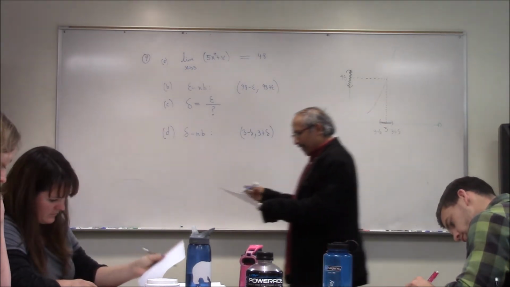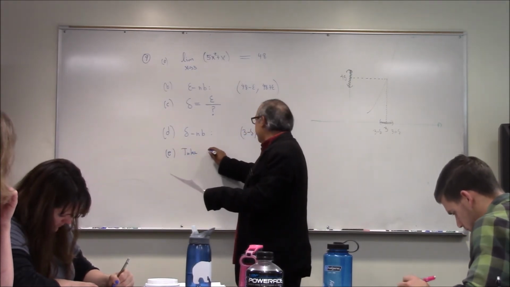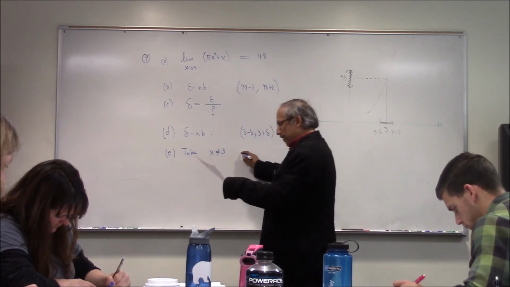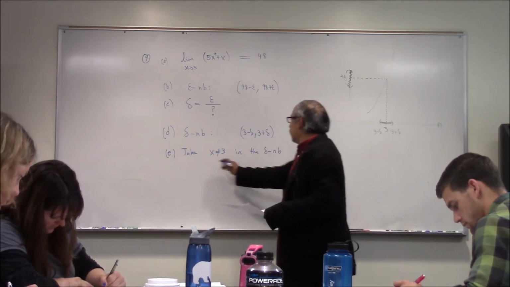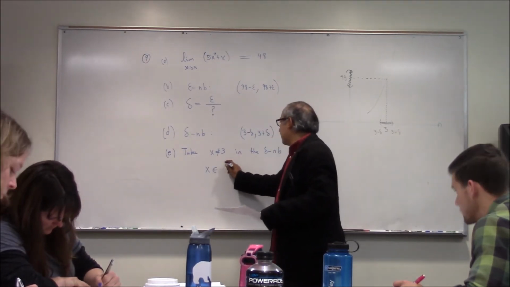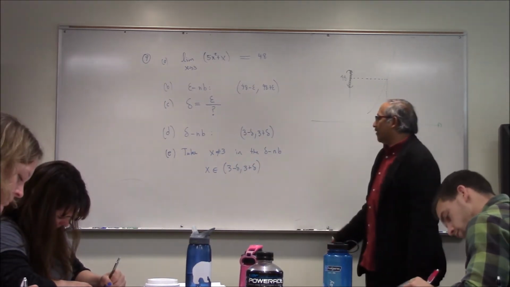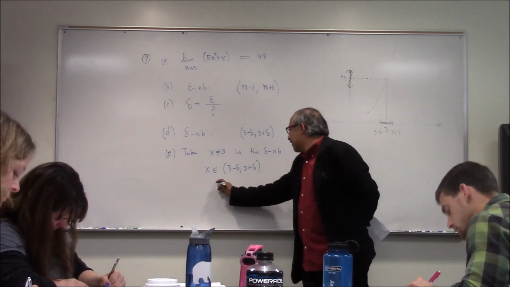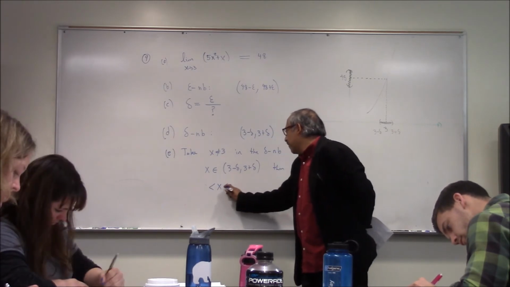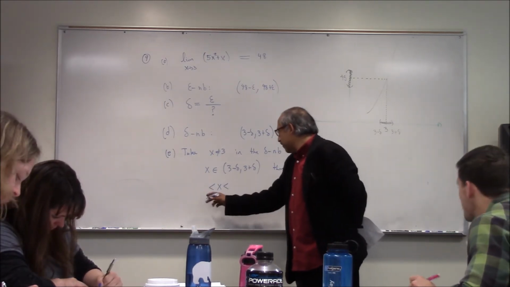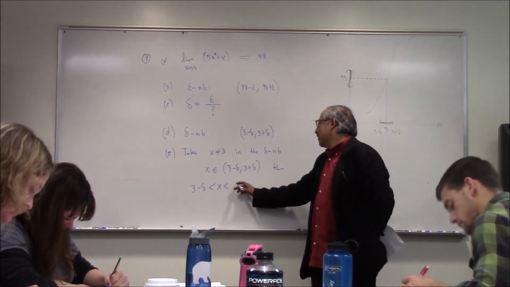Part E, take an x different from 3 in the delta neighborhood. So you're saying take x in this set. Tell me what's next. That means x is greater than 3 minus delta and less than 3 plus delta.